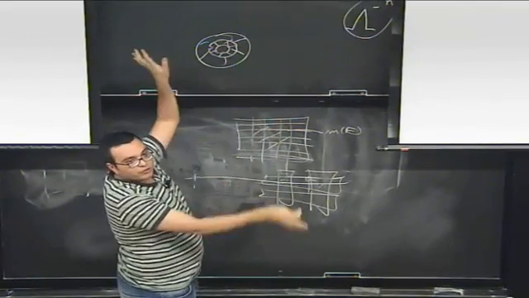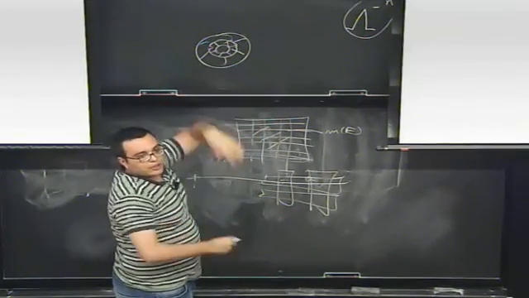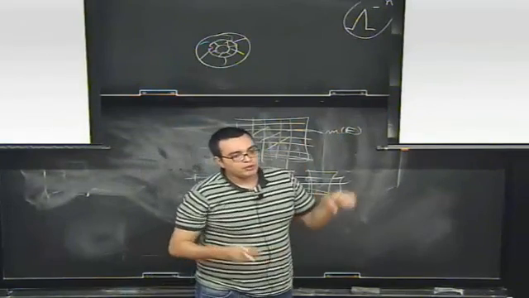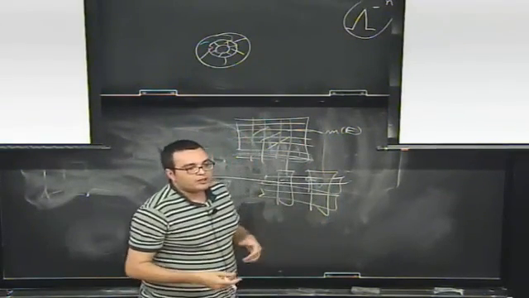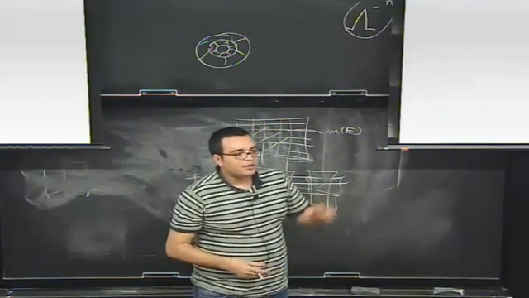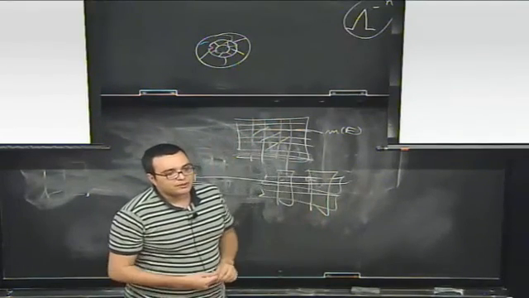So the map is quasi-conformal everywhere. Exactly what I'm doing here, I'm gluing together linear things with linear maps inside that.